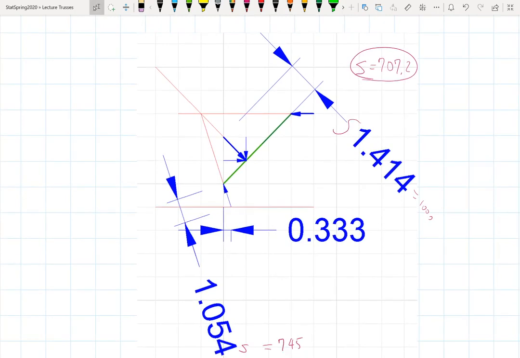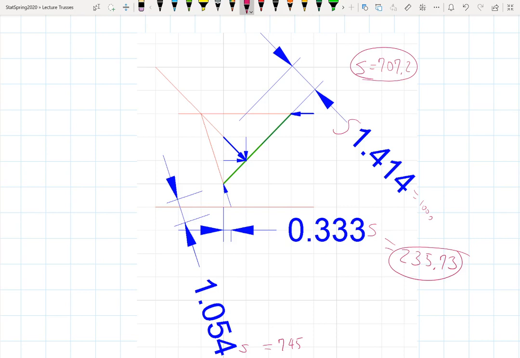So if that were to scale, then this would be, I need to go back to it, 707.2 times 1 divided by 3, which gives me about 235.73.